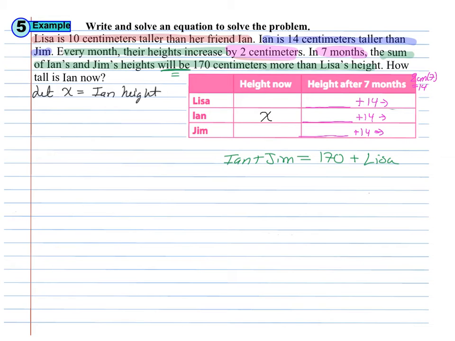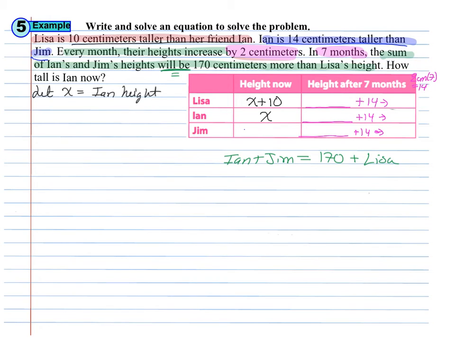You're going to see that that is true because it says Lisa is 10 centimeters taller than Ian. So Ian plus 10 more is Lisa's height. Now the one that is very tricky is this one right here because you really have to think logically. It says Ian is 14 centimeters taller than Jim. So we're talking about Jim's height.